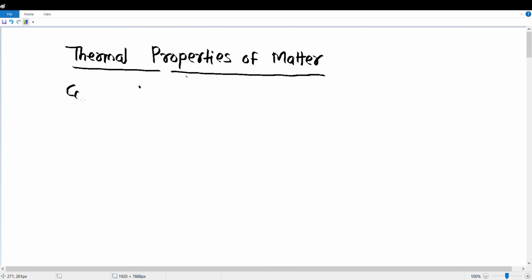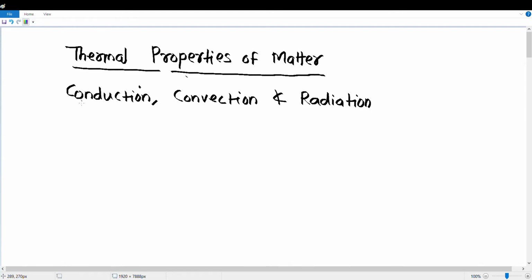There are three different modes of heat transfer: conduction, convection, and radiation. We have seen conduction in detail, and in this lecture we are going to study convection and radiation in detail.